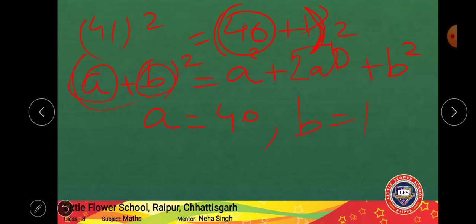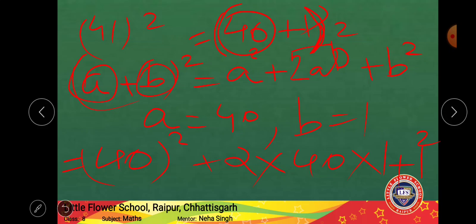So we will put the values for a and b. The solution will be 40 square plus 2 into a, that is 40, into b, that is 1, plus b square, that is 1 square.